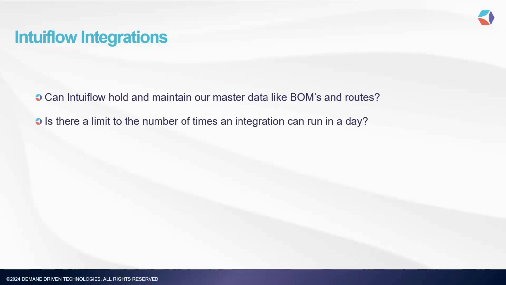This is another good one that we hear all the time. Is there a limit to the number of times that an integration can run? Absolutely. So technically, no. Wayne could set the jobs up to run hundreds of times a day. But the reality is at some point you're kicking off MRP jobs, that's slowing down the system, and people can't use it.